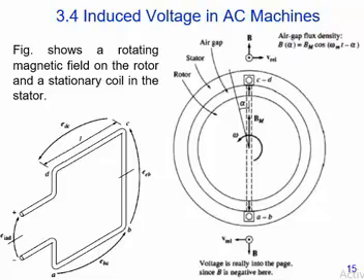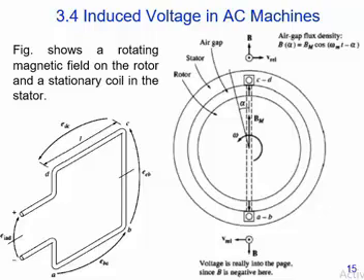This part of the lecture deals with the induced voltage in AC machines. This is kind of reciprocal to the previous section, as you can see that in this case a rotating magnetic field on the rotor and a stationary coil in the stator is represented in the figure.